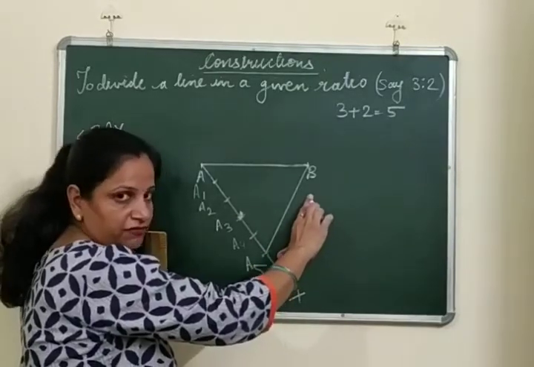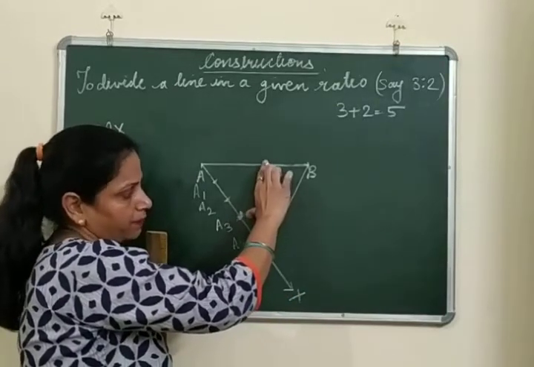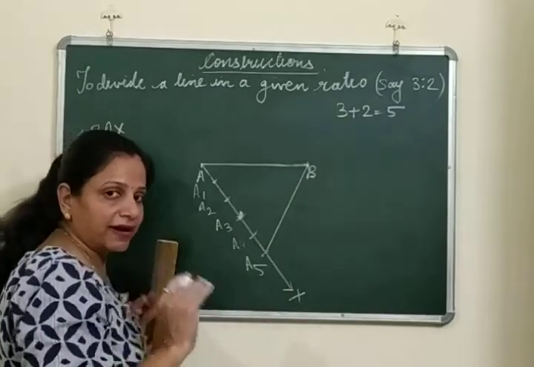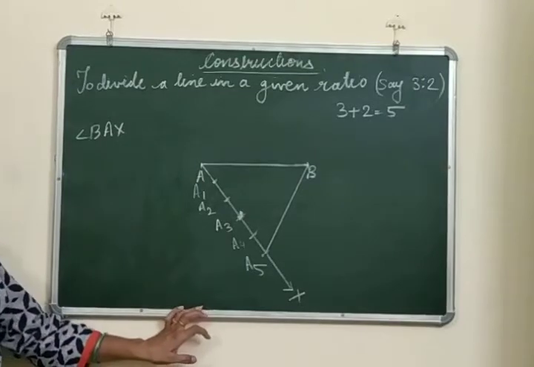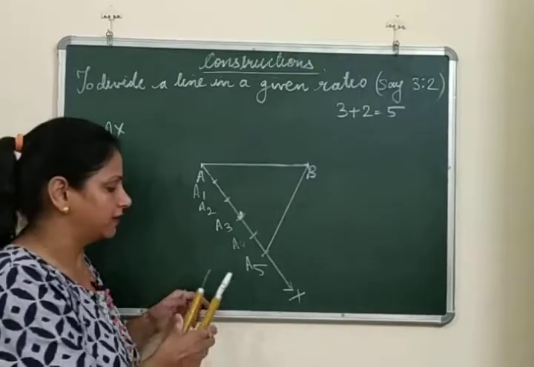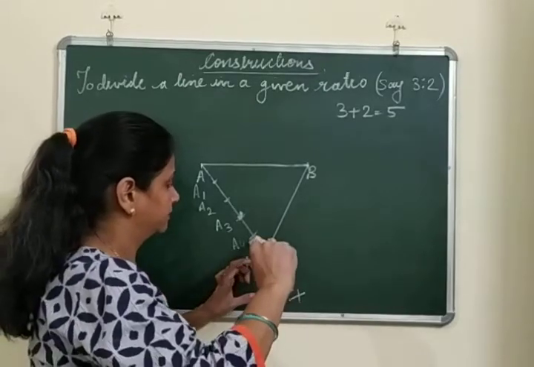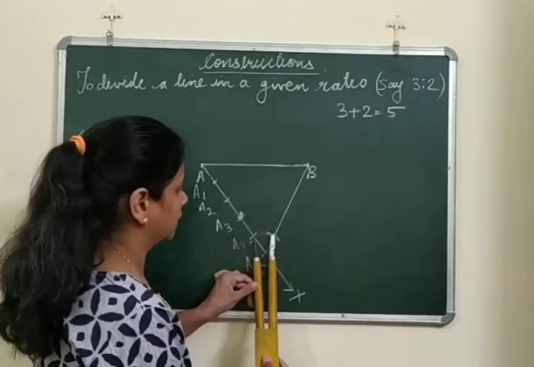A5B is the line. We have to make a line from A3 cutting AB at some point, which is parallel to A5B. Now to draw the parallel line, what to do? We have to measure this angle first of all. We measure this angle like this, make an arc, and then we measure the arc.